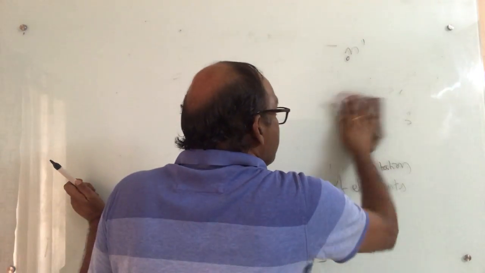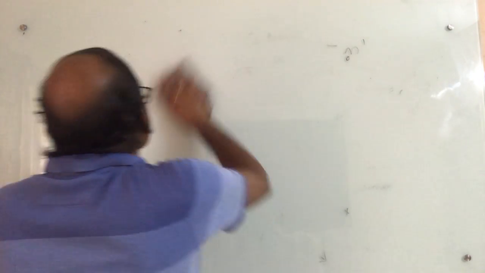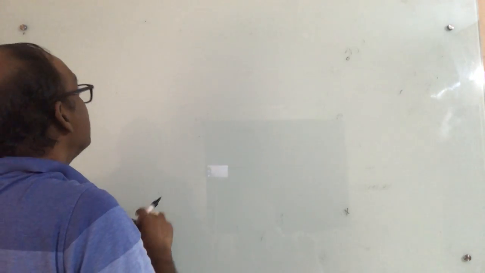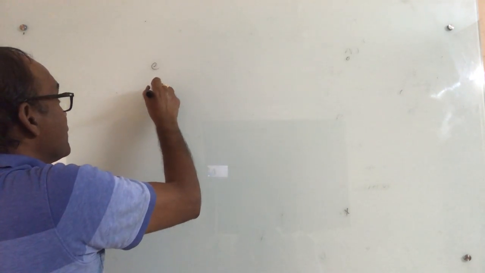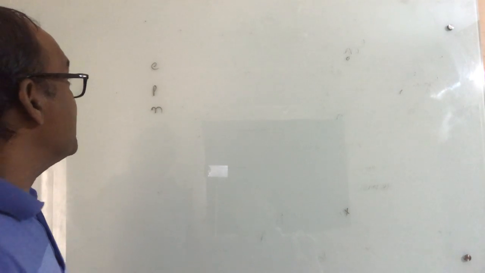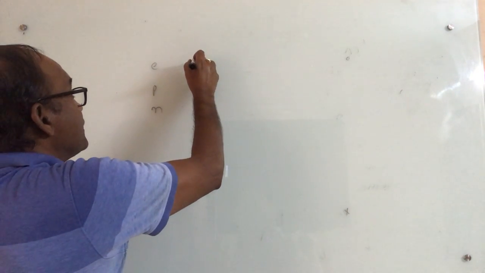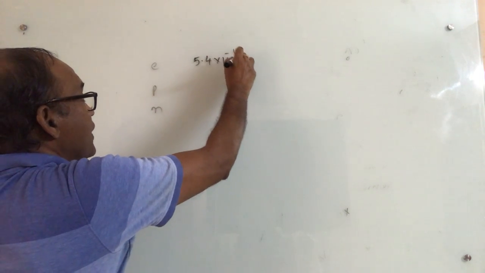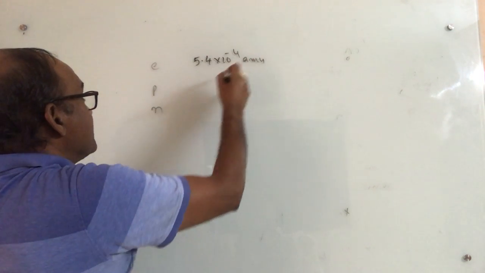Of these 3 particles, electron, proton, neutron are said to be the subatomic particles, which are also said to be elementary particles or fundamental particles of the atom and matter as a whole. So this is 5.4 into 10 power minus 4 mu, atomic mass unit.